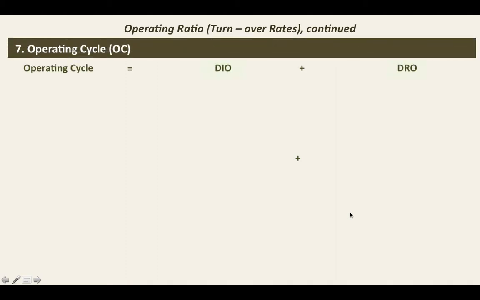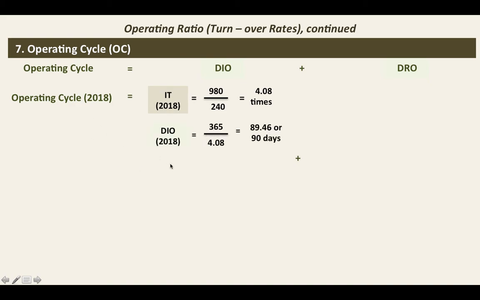Let us move on. Operating cycle. Operating cycle is days inventory outstanding plus days receivable outstanding. We have already computed this in the previous slides. So we'll just present the computation for 2018.